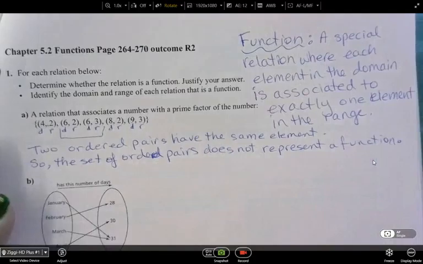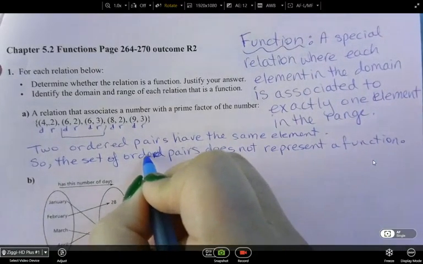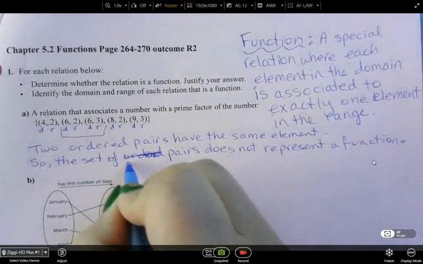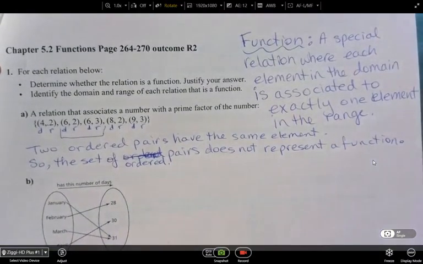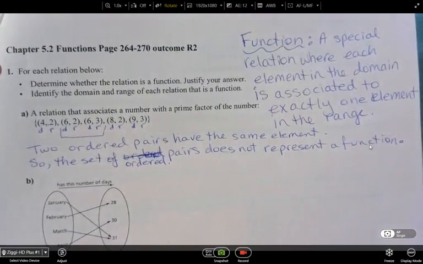So it fails the function test. All right.